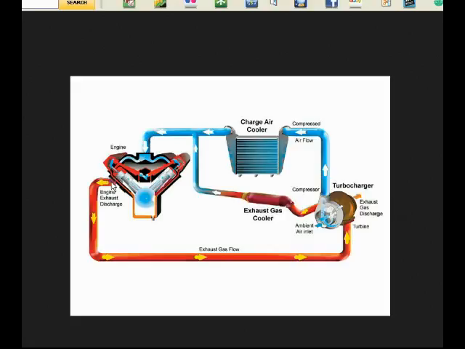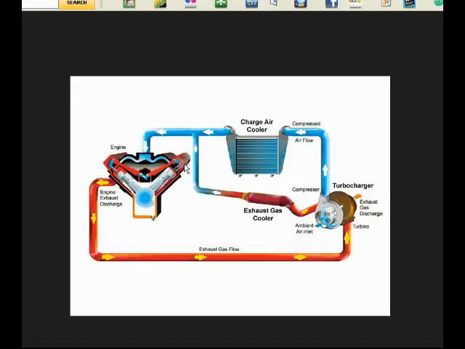So basically it takes the energy of the exhaust gas flow to drive a turbine, which then drives the compressor, and then the airflow is sent to the engine to increase the burnability, combustibility of the fuel, because now you've increased the air charge from 80% maximum capacity to 100, and then you're able to burn the fuel better, right?